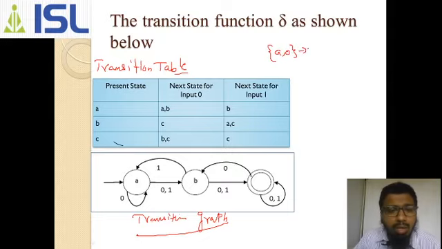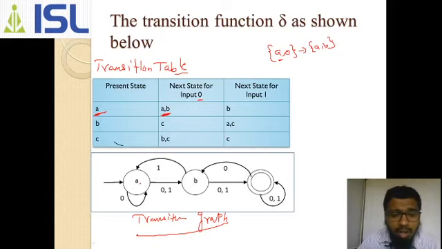This will give you A, B. Means for A, if the input is 0, what answer are we getting? We are getting the answer A comma B.